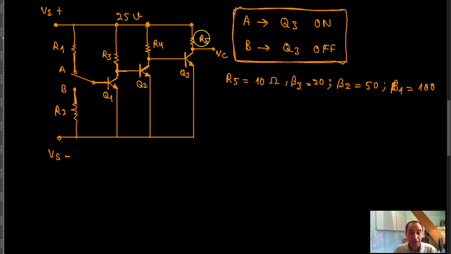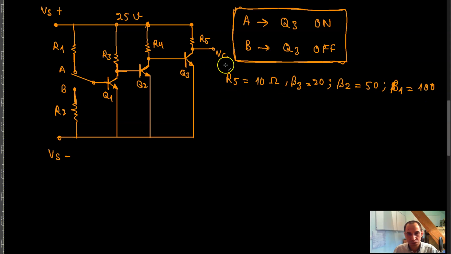Anyway, so now I want to find the collector current in such a way that the voltage drop across this resistor becomes the supply voltage, right? And that means that there is no voltage across the collector emitter junction. So how do I do that?